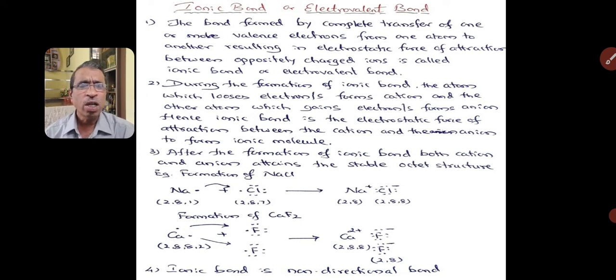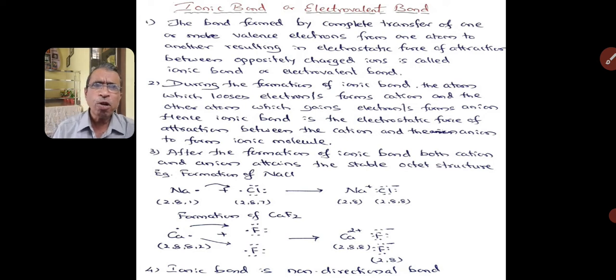Therefore, during the formation of sodium chloride, sodium gives its unpaired electron to the chlorine and it attains the 2,8 configuration, and Cl attains 2,8,8 configuration. That is, sodium ion attains neon configuration and chloride ion attains argon configuration.